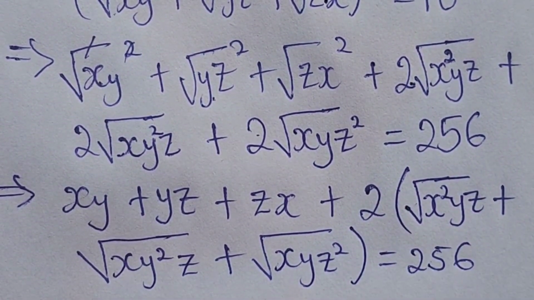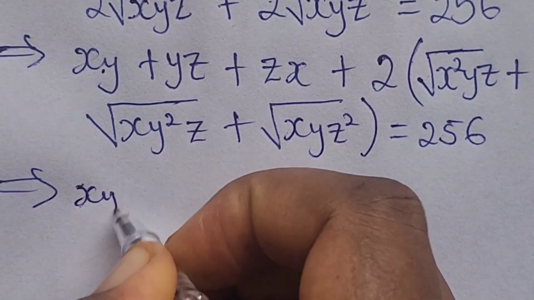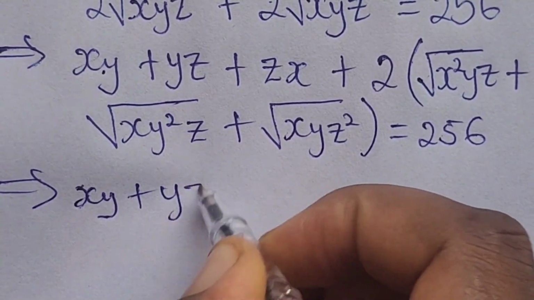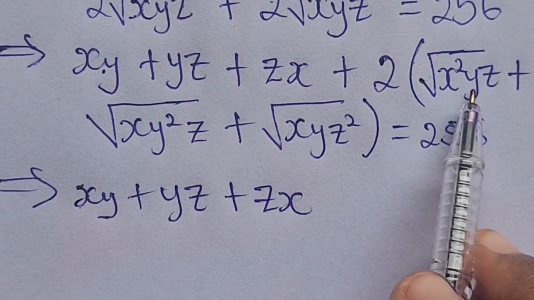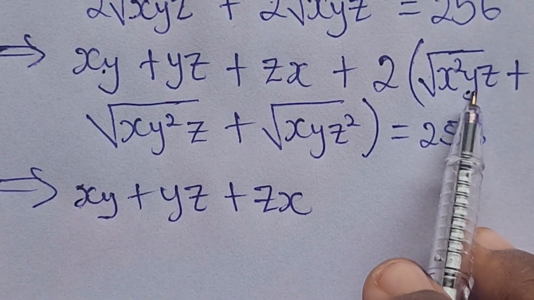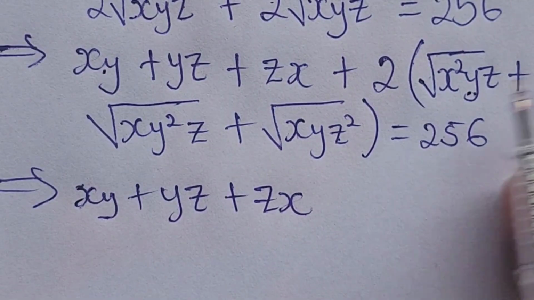So this implies that we have xy plus yz plus zx. Now we still have common values here. We have y common here, and x common in all of them.